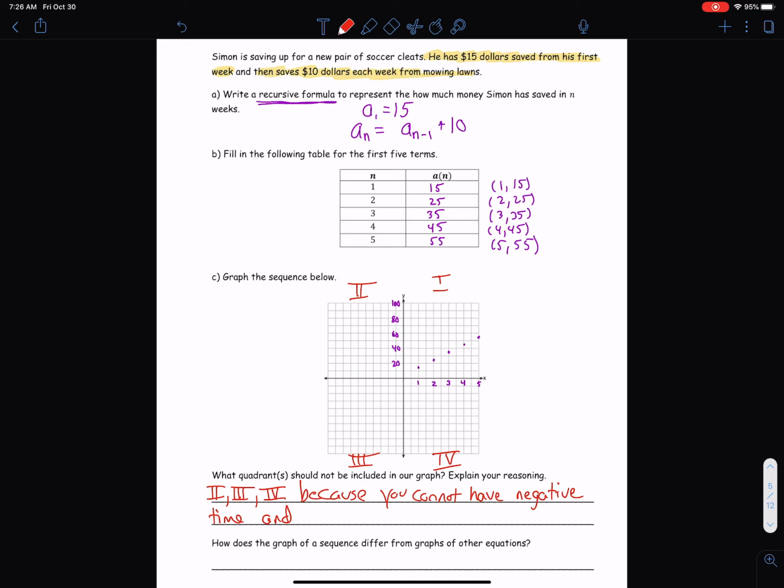So I say, and in this scenario, you cannot have negative money as Simon is only making money.